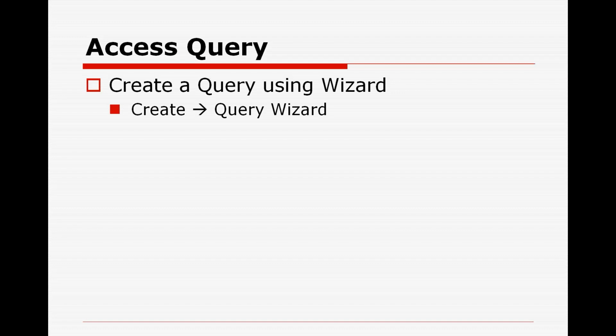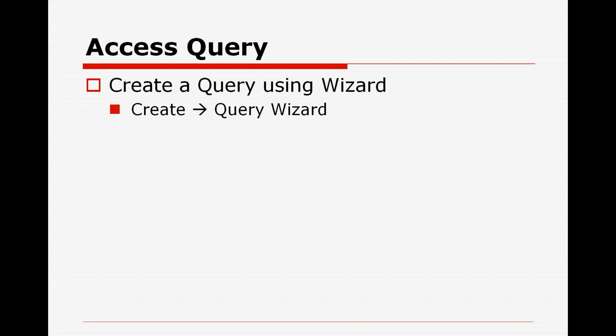Then we learned what an Access query is, what a form is, and what reports are. Now we can create a query. How do you create a query using the wizard? Just go to Create, then Query Wizard. This is very simple.